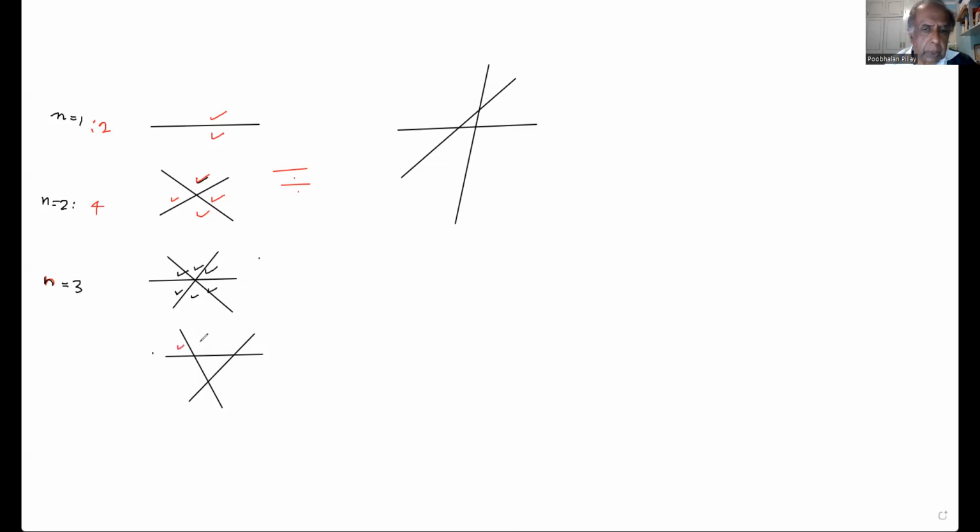So the moral of the story is that each time you choose a new line, you don't make it go through an existing intersection. Then you can get the largest number of regions.